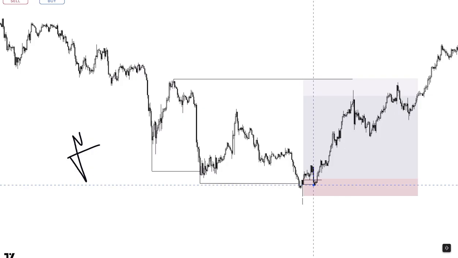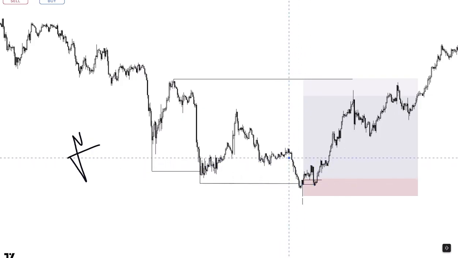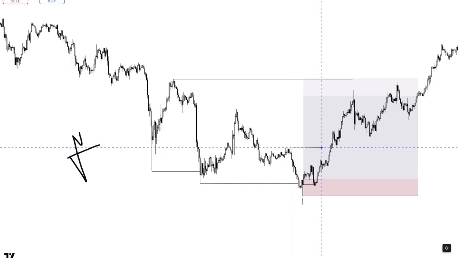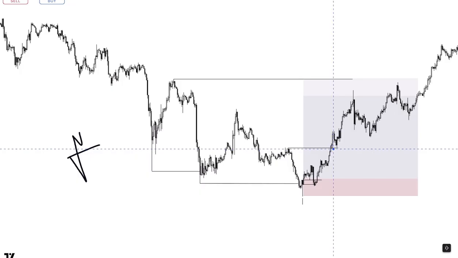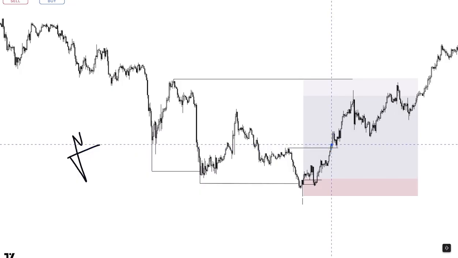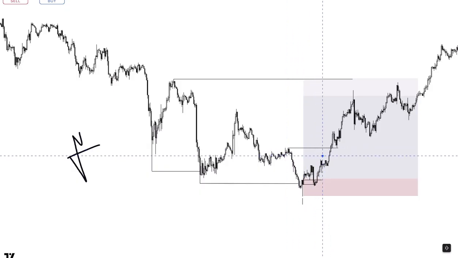Model number one. And then you have the second kind of entry, which is the true market structure shift right over there.